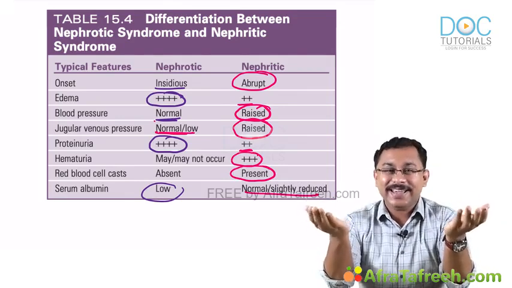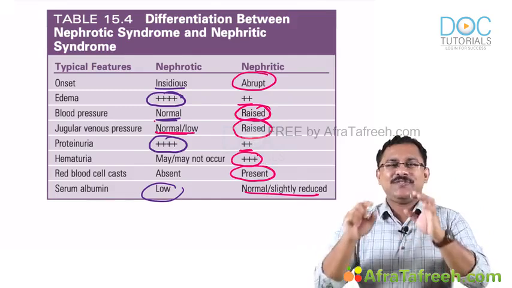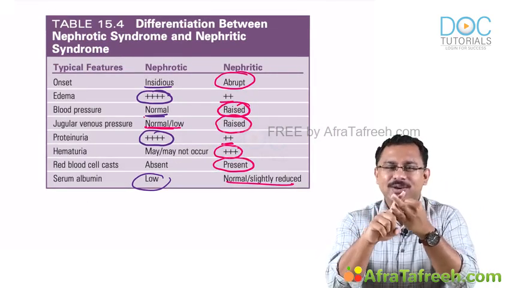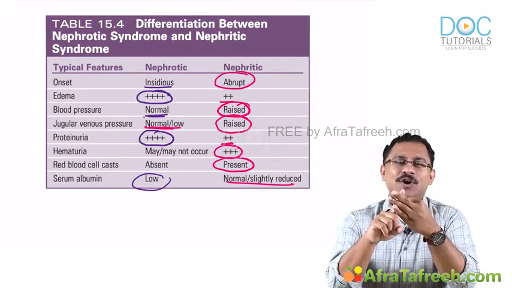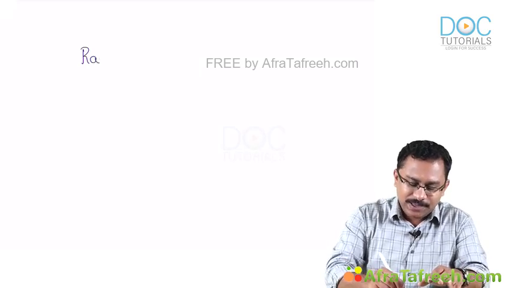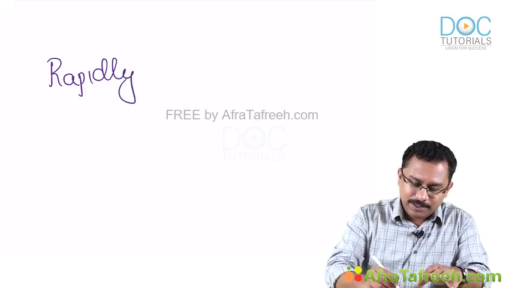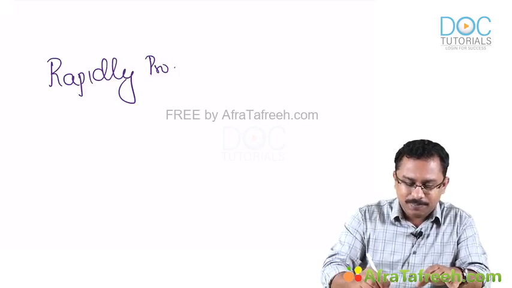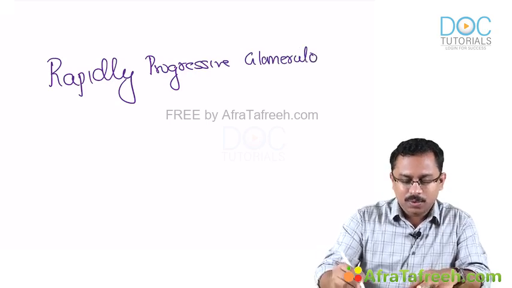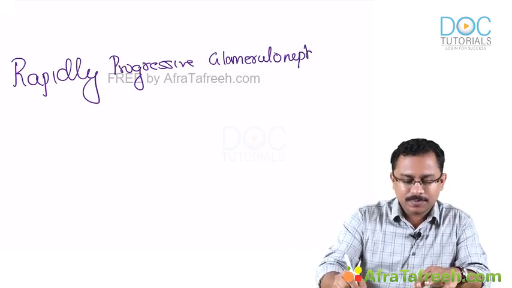Okay. Now this is again very, very important. So we have seen so far the asymptomatic presentation, macroscopic hematuria, nephrotic syndrome, nephritic syndrome. The fifth one is rapidly progressive glomerulonephritis.